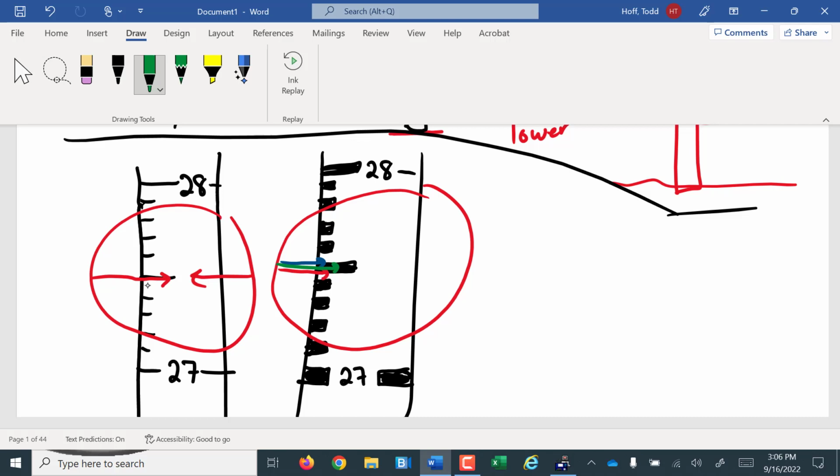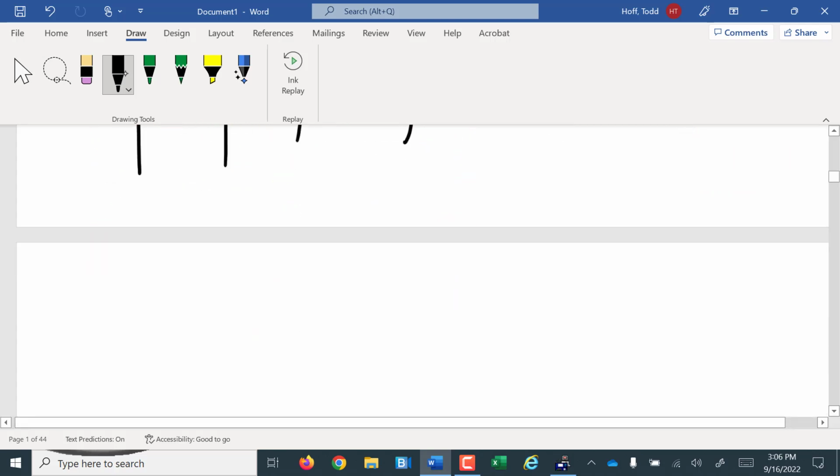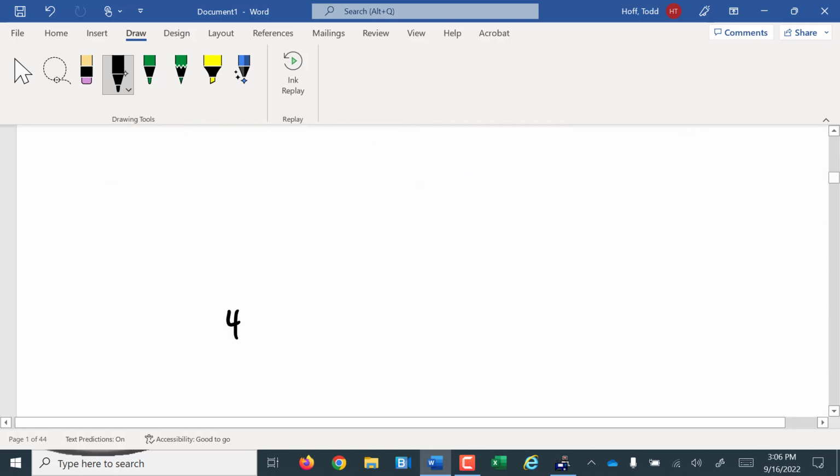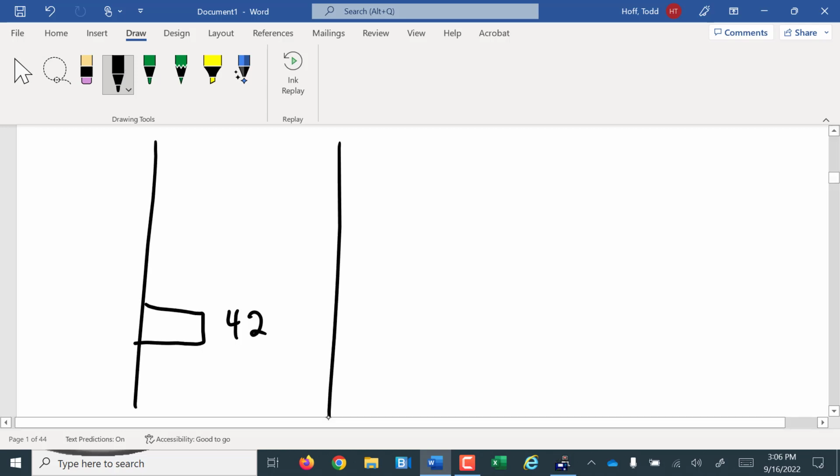So what they do in most cases, most surveyors' rods are set up like this. Let's say this is 42 inches. There'll be a line like that, colored in. And what they'll do is 42 inches is actually to the top of that line. Pretend my coloring is not terrible.